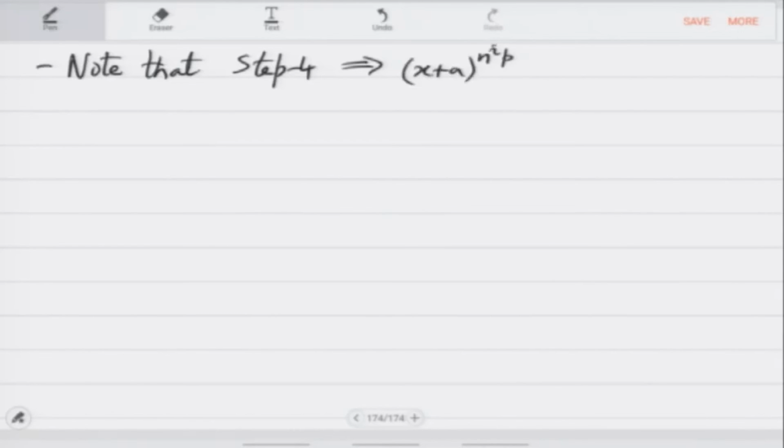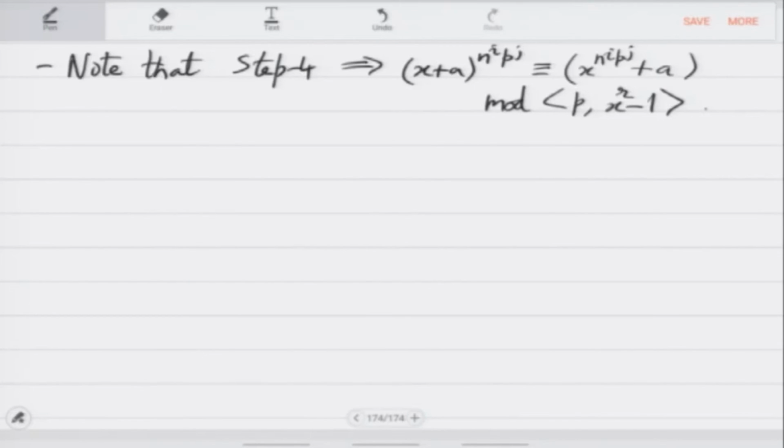Note that step 4 implies that (x+a)^(n^i p^j) is the same as x^(n^i p^j) + a, modulo p, x^r − 1.